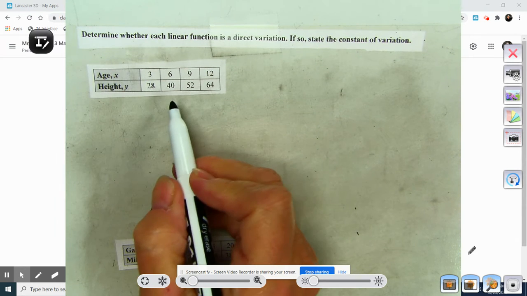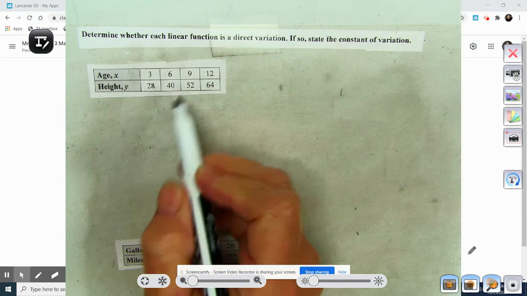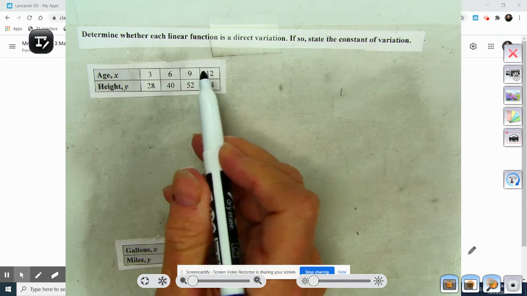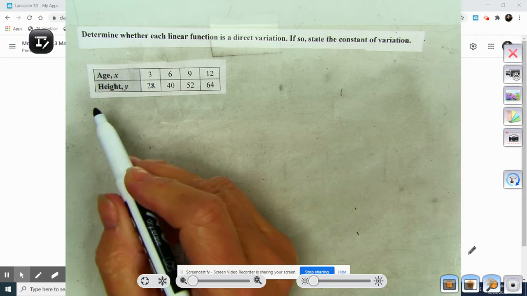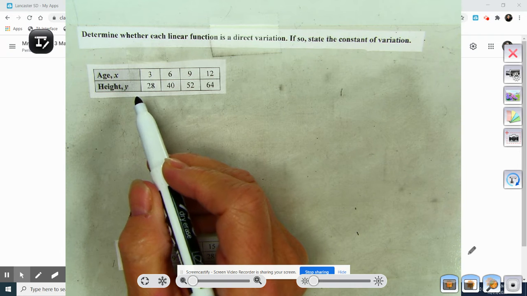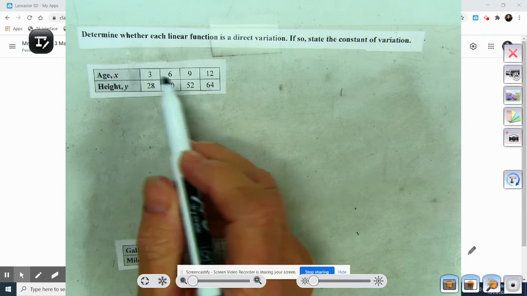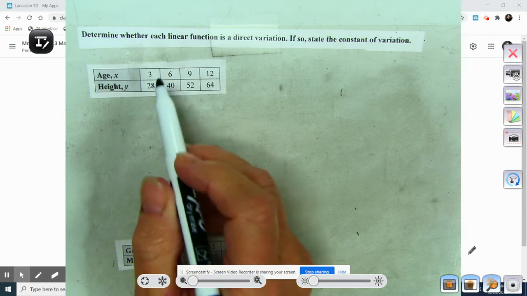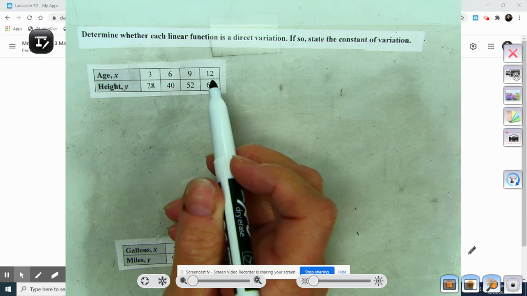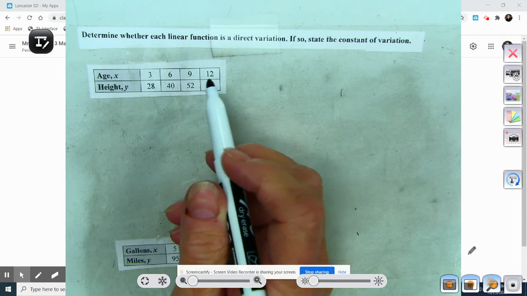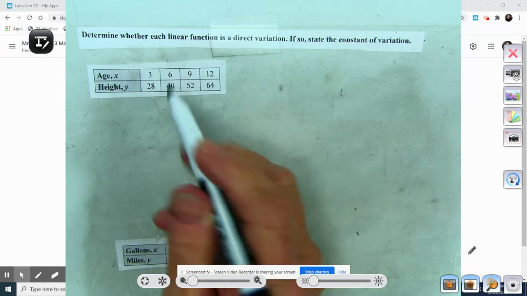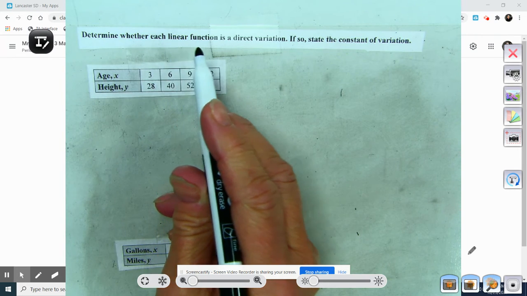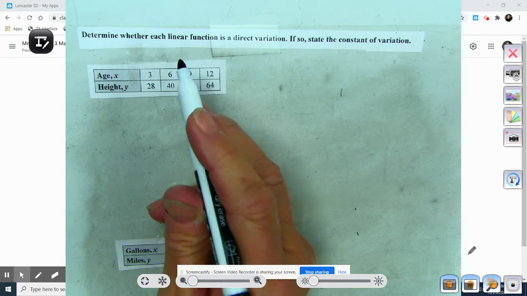So here you have a table. It's been given to you horizontally instead of vertically, but the y's are on the bottom. We know it's linear. They told us it was linear, right there they said linear function. We want to know if it's proportional.